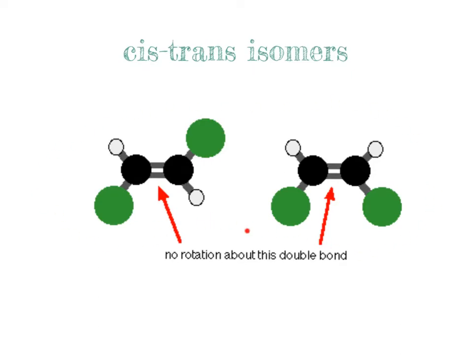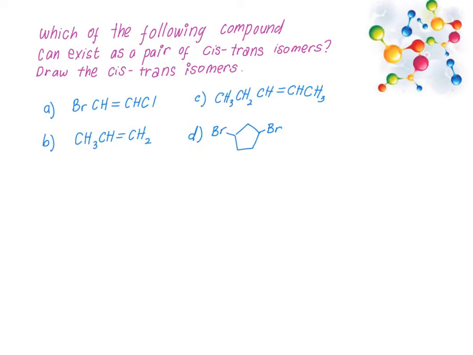So now I'm going straight to the exercise part, how we're going to determine whether the structure can form cis-trans isomers or not, and how to draw the cis-trans isomers. I'm going to discuss exercise 1.